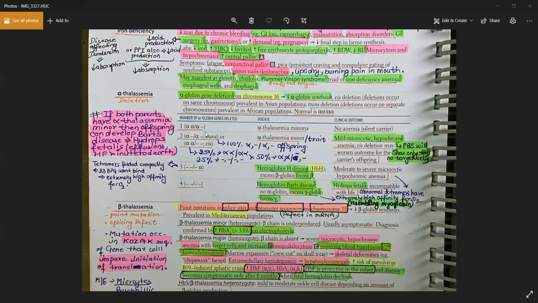Is that okay? Yes. And when these beta tetramers, the beta 4, form, they can no longer bind to 2,3-BPG. As a result, they will have an extremely high affinity for oxygen.